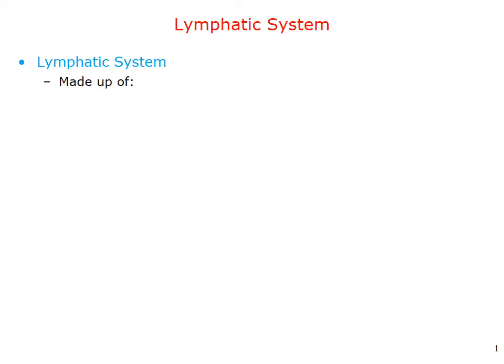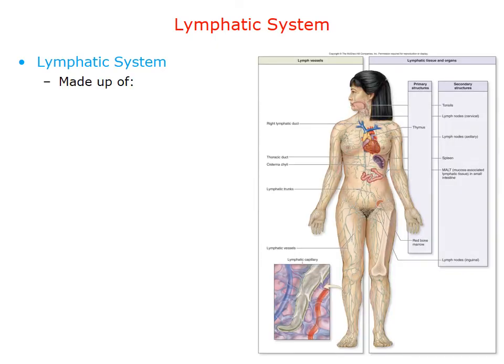It's made up of structures that we think of as lymph, and lymph now is nothing more than a fluid, very similar, we're going to see, to blood, that similarly also travels through vessels. Instead of blood vessels now, we think of things such as lymph vessels. Some cells that are involved are lymphocytes.